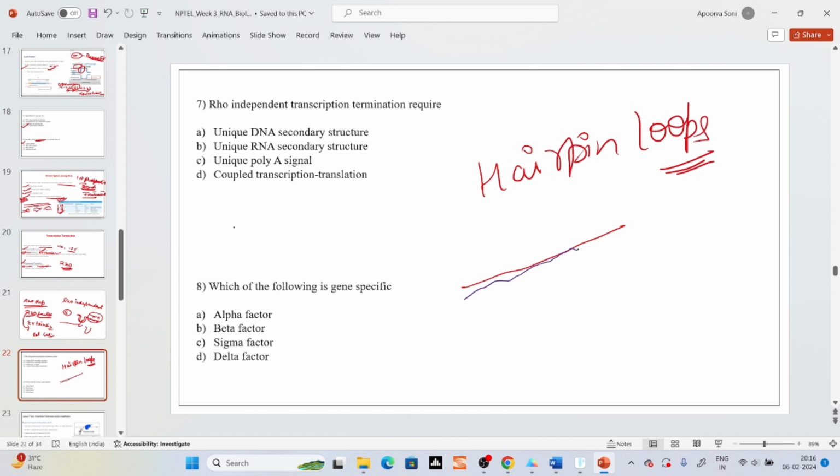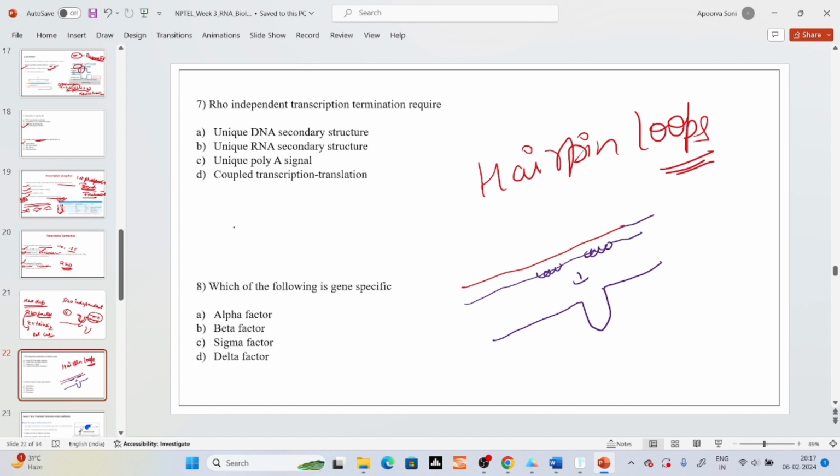Now some inverted sequences are present here, and these inverted sequences lead to the formation of a loop. Means these two sequences are complementary and they form a loop.